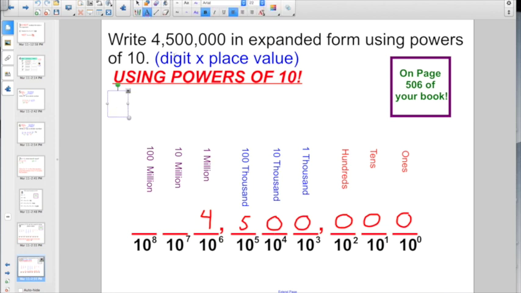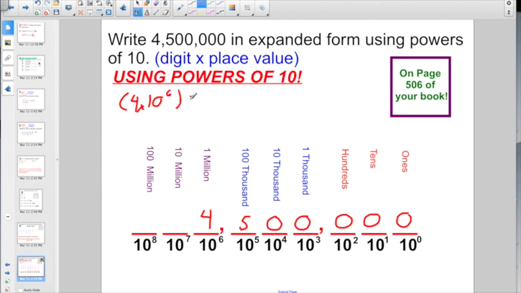So digit times the place value. So let's start off right now. My first digit is a 4, and I'm going to put it in parentheses. 4 times 10 to the, what power is he sitting in? 10 to the 6, because there's 6 zeros in 1 million.